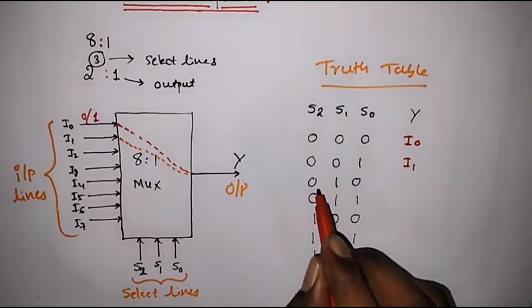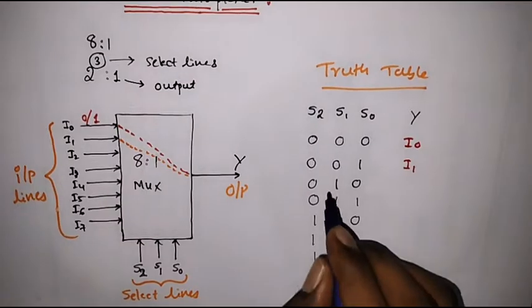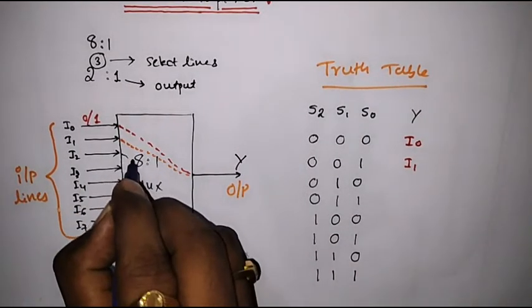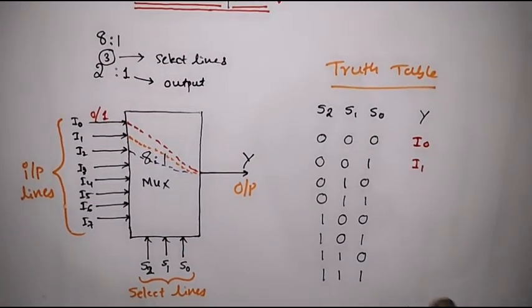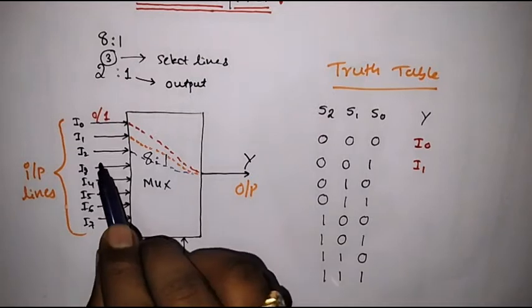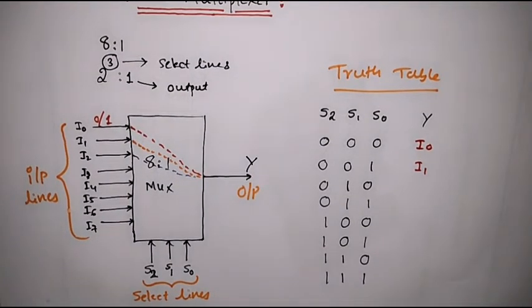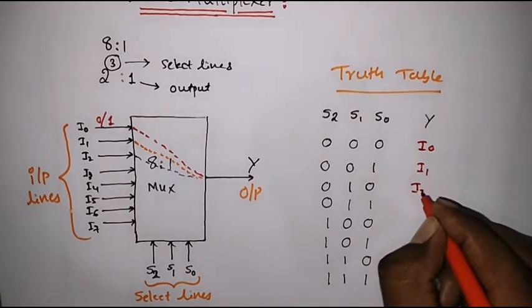Similarly, when the input is 0, 1, 0, that is equivalent to 2, the I2 input will be connected to output line. Therefore, any input which is given to I2 will be transmitted to output side. Therefore, at this time the output is I2.